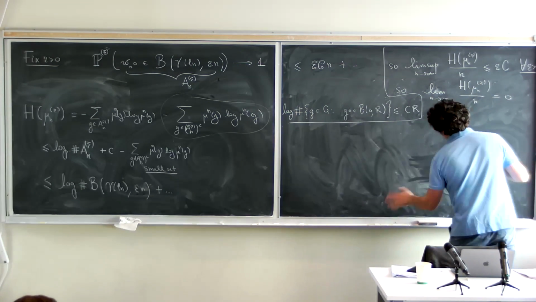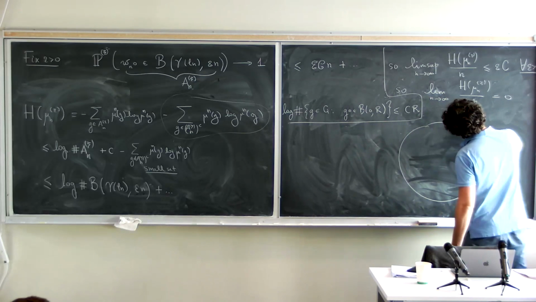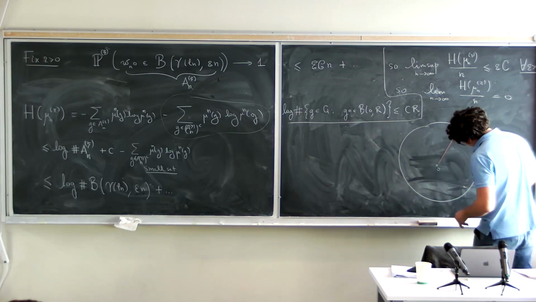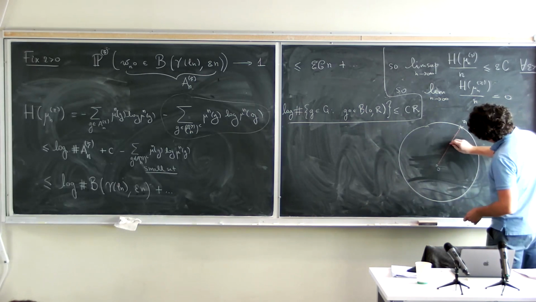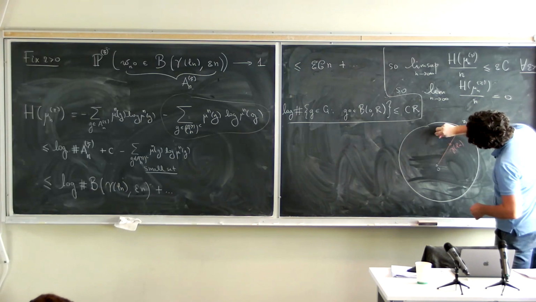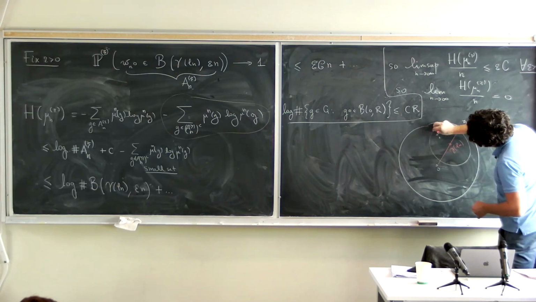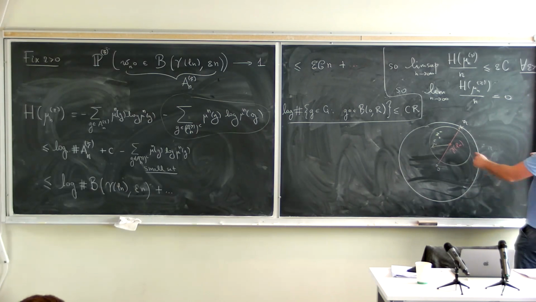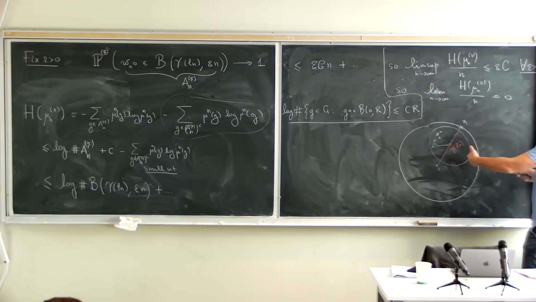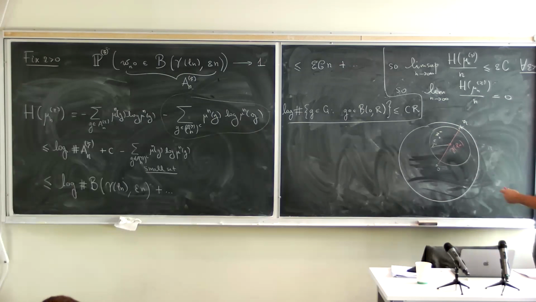Since we know that the walk converges to psi, we have good control: we take this point gamma of L_n, and we know that the nth step of the walk has to be within radius epsilon n for any epsilon. So the number of possibilities here is basically subexponential, and if you take the log of that and divide by n, it goes to 0. That's why the relative entropy is 0.